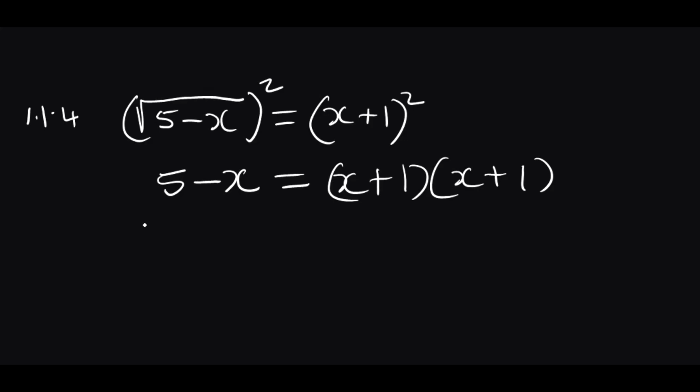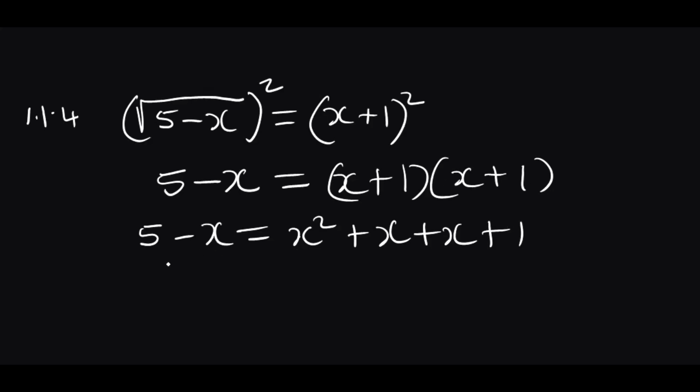Now we will have 5 minus x equals to x squared, x times 1 plus 1 times x, which is also x, plus 1. Now we have 5 minus x equals to x squared plus 2x plus 1.